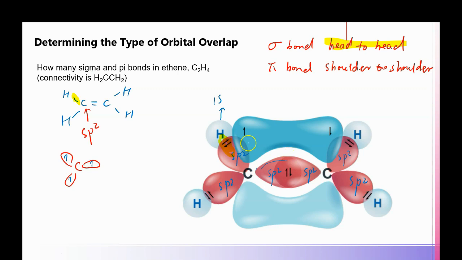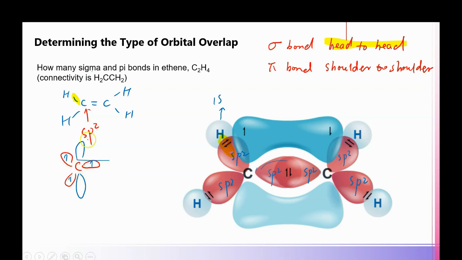And then the other one: sp2 only uses two p orbitals. There is one left, over here. That's a p orbital left. So this pz is perpendicular to this sp2 hybridized orbital plane.